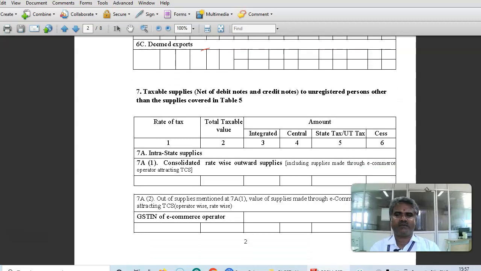Because point number 5 is purely meant for interstate, when you sell goods from your state to another state. This is intrastate, when you sell goods within the state. So your customers are all local customers.